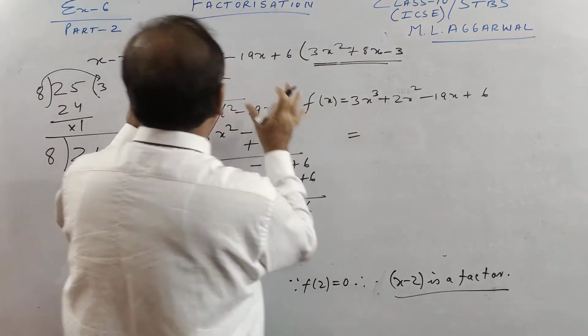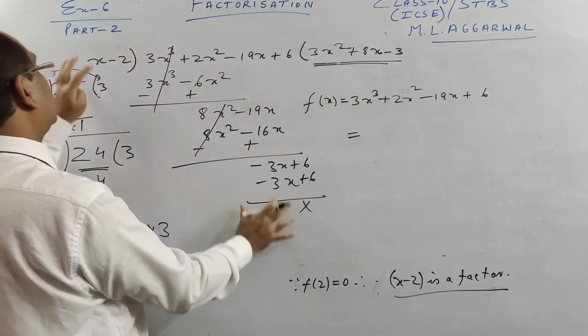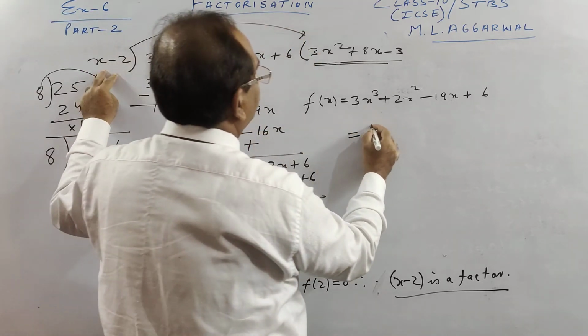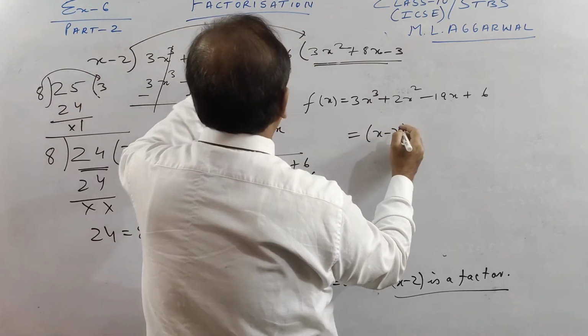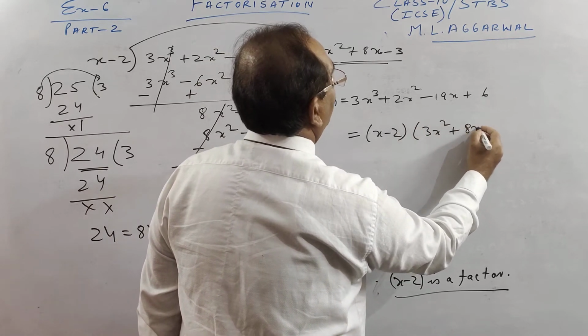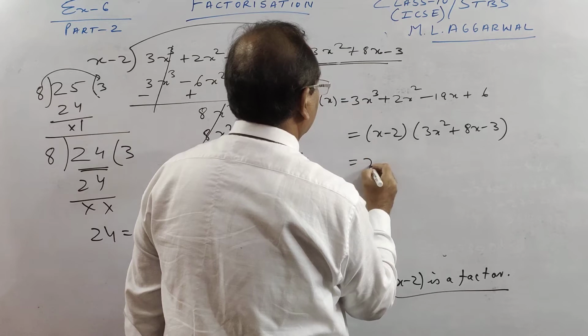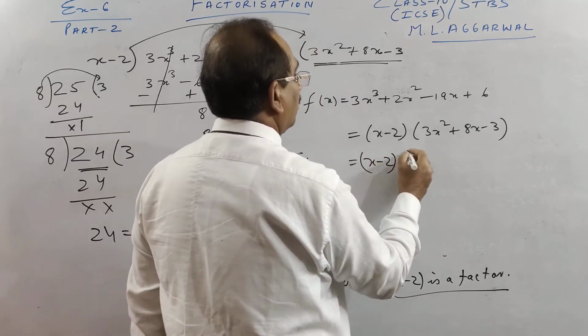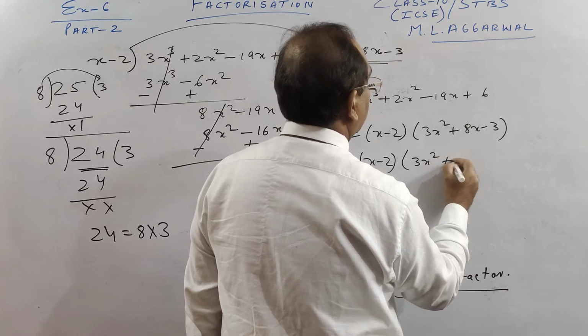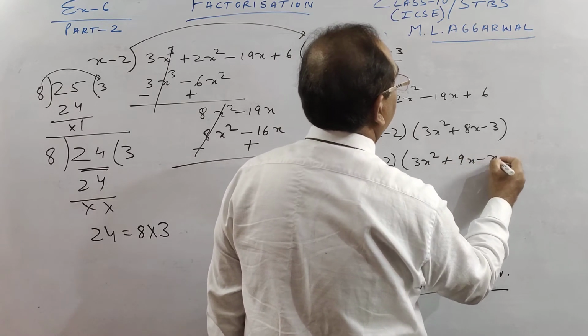So we know this, since remainder is 0, is this into this, divisor into quotient. Now the last part of our working, for the last mark, is to factorize this by middle term breaking.